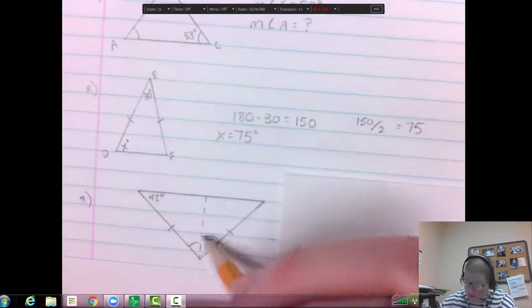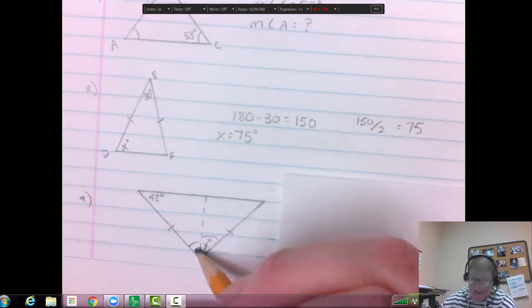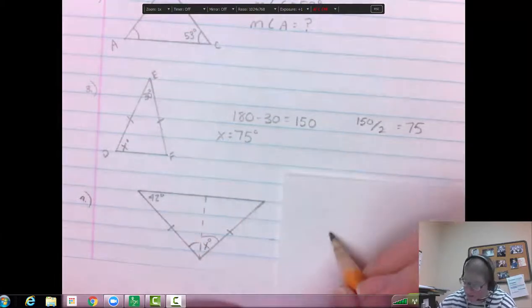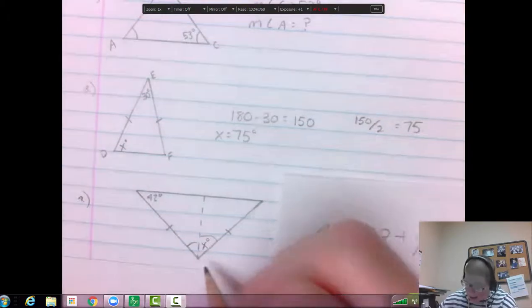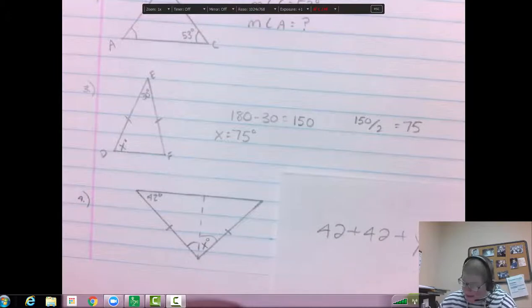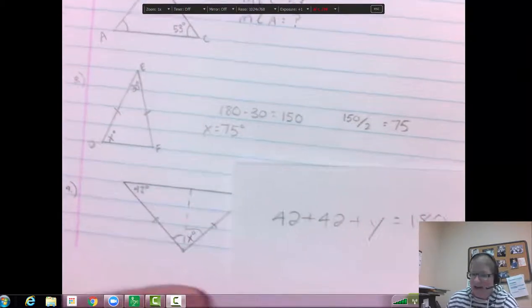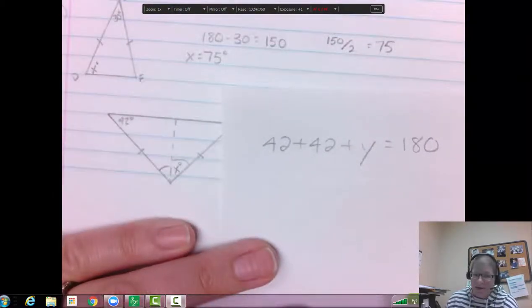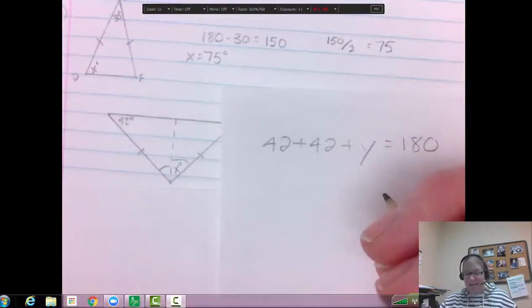So let's find this whole angle, and what do we know about what this height does to this angle? It cuts it in half. We already know that. So we can do 42 plus 42 plus, we'll just call it y, this whole angle y. We know that this has to equal 180. So once we get this whole thing, then we can split it in half in order to get our x. So 42 and 42 is 84.